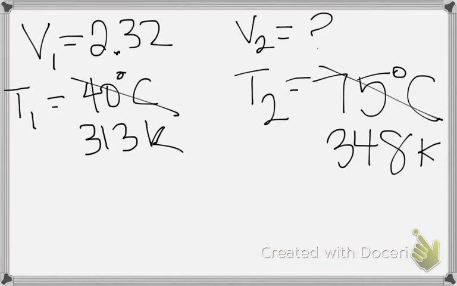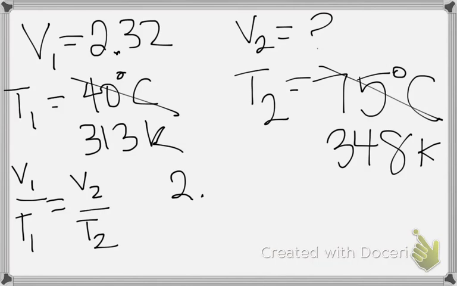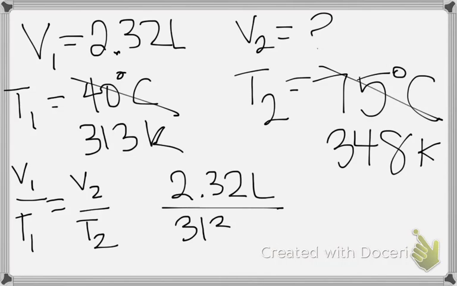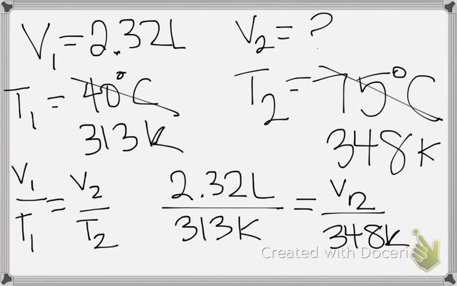Now we're ready to plug it into the equation. My equation was V1 over T1 equals V2 over T2. So we have all that, so we're just going to go ahead and plug it in. Make sure you keep track of all of your units. And then you're just going to multiply both sides by 348.